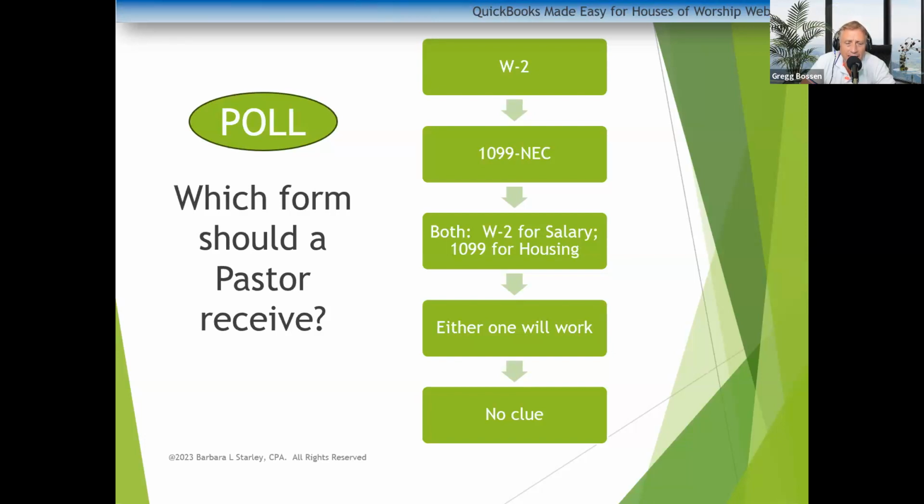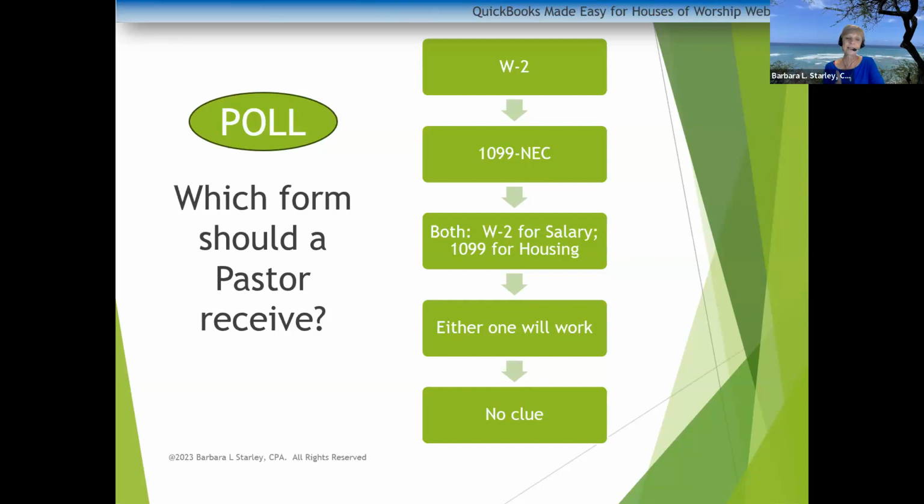The housing allowance usually is not taxable, but it still has to be reported on the W-2. So those of you that said you get a 1099 for a housing allowance, that would mean a housing allowance is always taxable, and that's never the case. Yep, perfect. And we're going to show you exactly what your W-2 should look like.